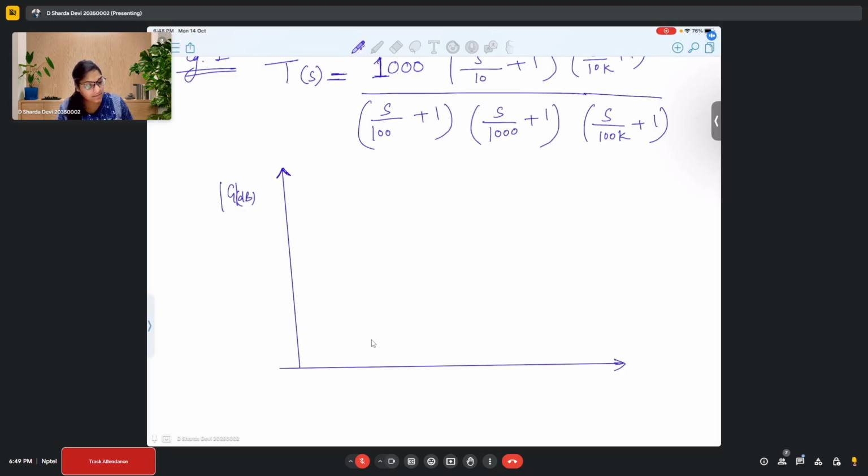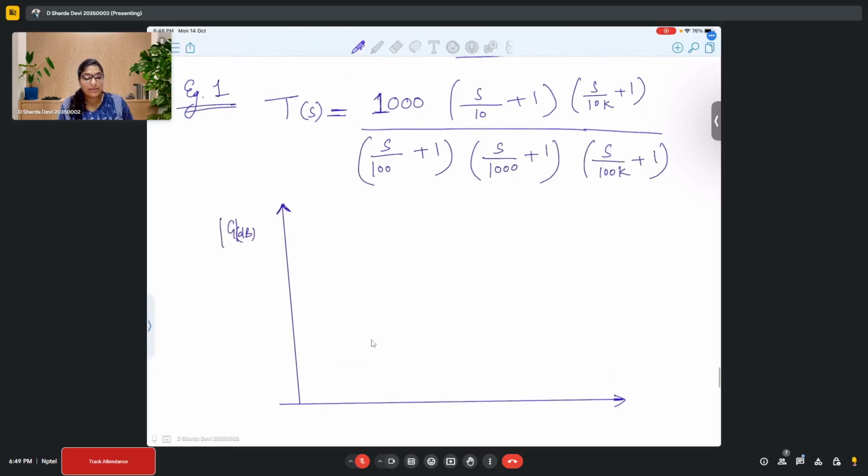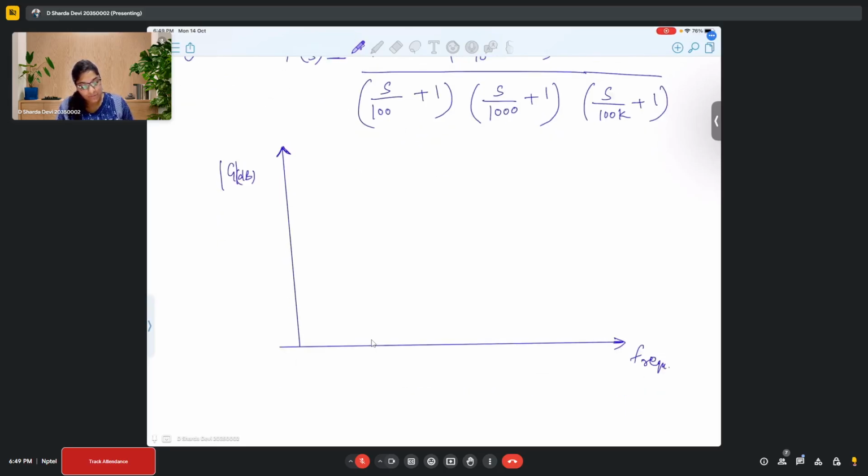What about the horizontal axis? That's frequency. Here you can have frequency as well as radians depending on you. What is the speciality of this frequency axis? It's a log axis, and this complete plot is a semi-log plot.